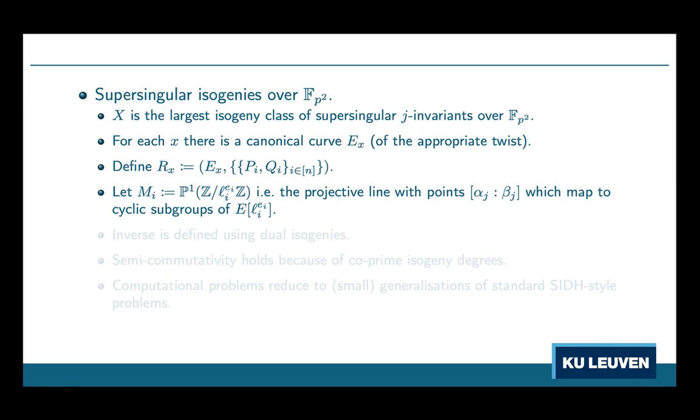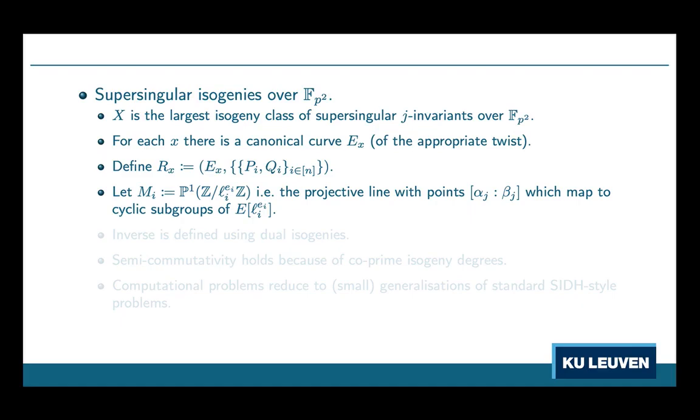In the same notation as before, we take Z mod l_i^{e_i} for i going from 1 to n, and we take the projective line defined over this group. This projective line is the class of points (a, b), which can be identified with the cyclic subgroups of the torsion subgroup.